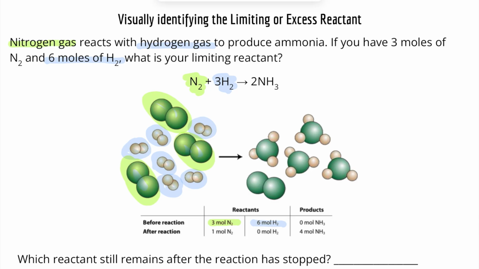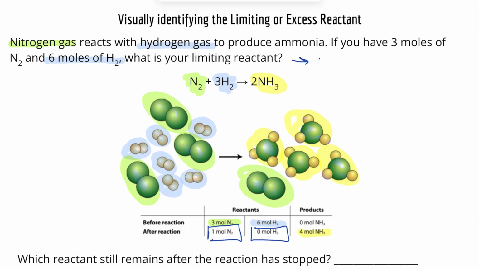What is our limiting reactant? Well, if we look, each ammonia requires 1 nitrogen and 3 hydrogens. So those are our groupings that we see here. Those NH3, these are those groups. And we get out 4 moles of that NH3, but after that reaction, we still have a mole of N2 that is left over because we ran out of our hydrogen.